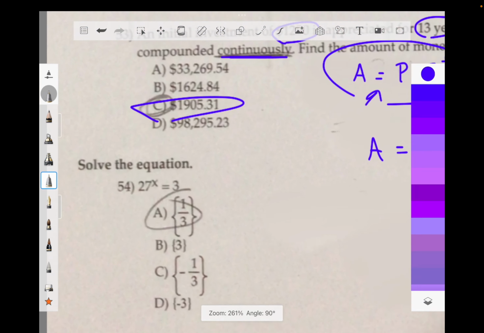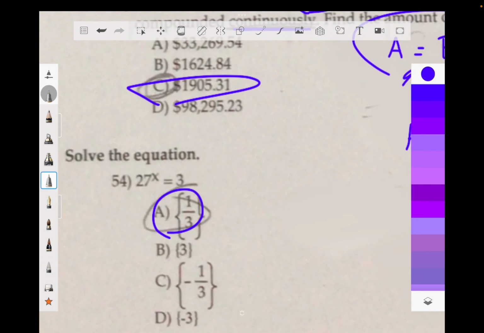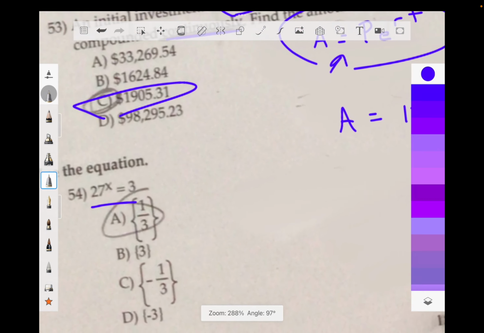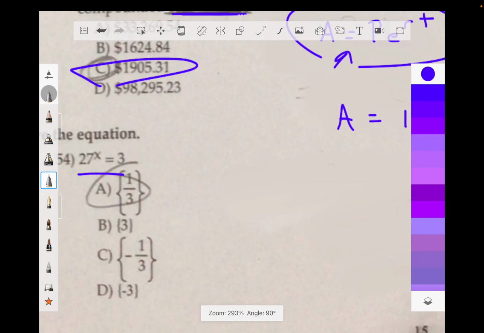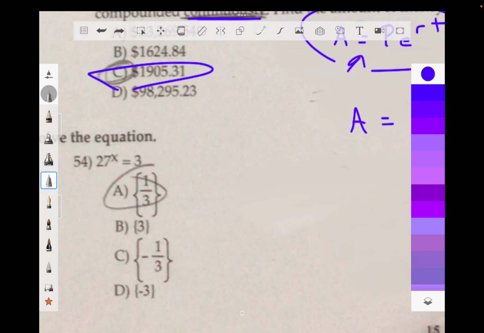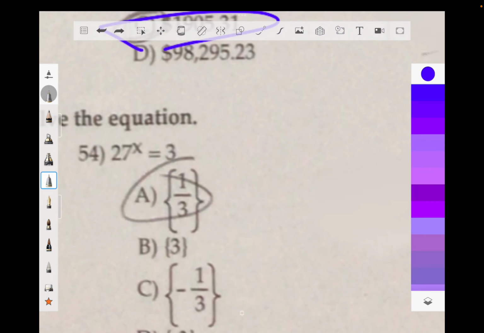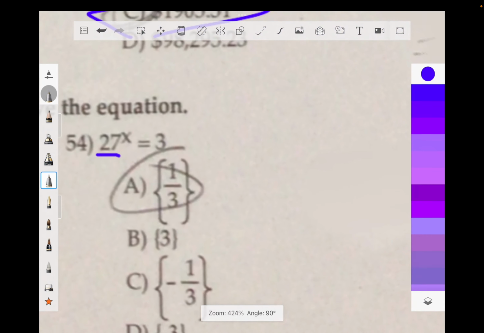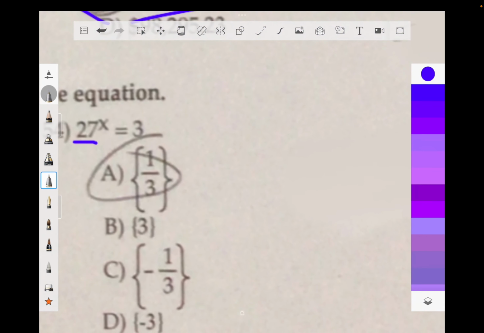For this one, I could just eyeball it, if I'm being honest. But if you want to write it out, you have to notice that 27 is a power of 3. 27 is the same thing as 3 cubed, because 3 times 3 is 9, and 9 times 3 is 27.